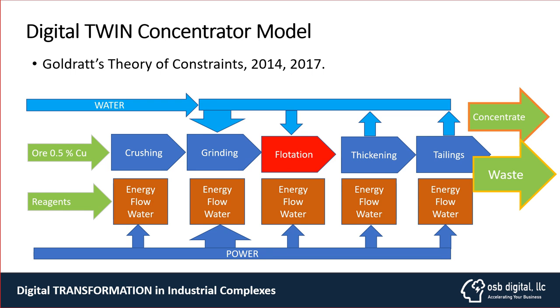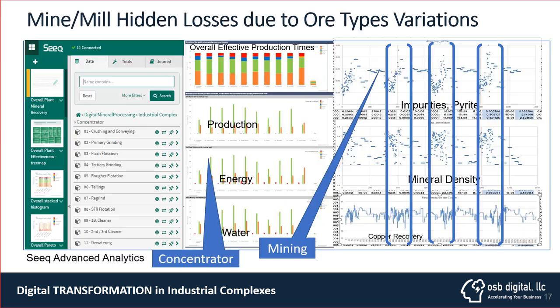Then the thickening goes to tailings, and that's why we have a lot of waste, because if you consider that you have 0.5% copper in the feed, usually what you get in the waste is the 99.5% of material that is waste and needs to be operated sustainably. And of course we get our concentrate that will have as much copper, as much moly, and all the precious metals that are contained in the ore.